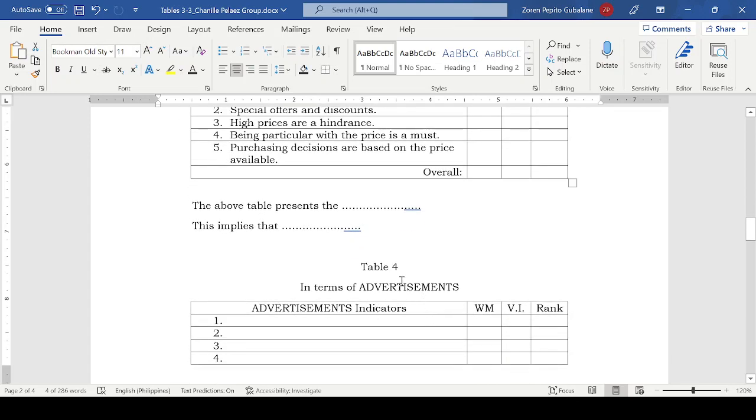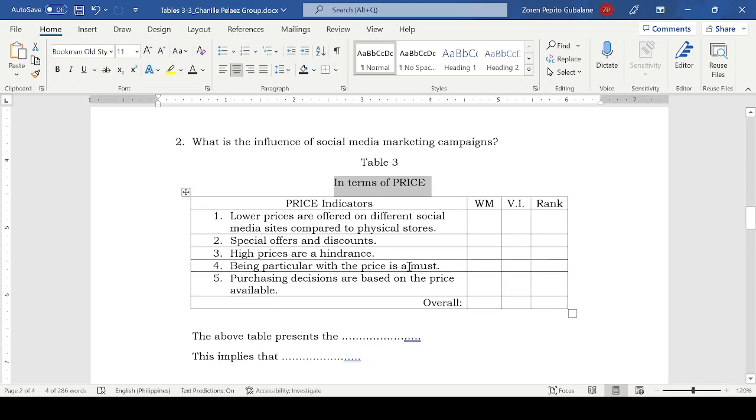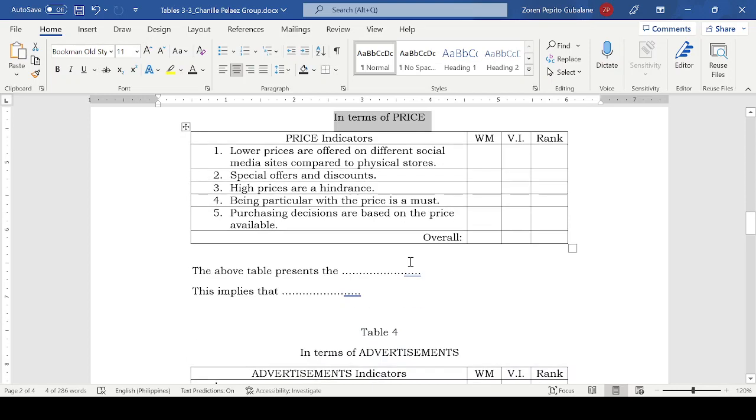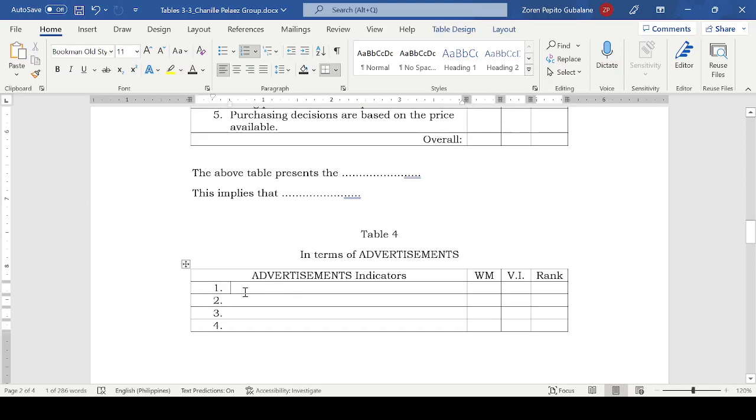Now, another table still under SOP, or problem statement number 2. Now, another variable is about advertisements. So again, all you need to do is to copy and paste all the variables indicated in your questionnaire, and then indicate here in column 2 the overall weighted mean.